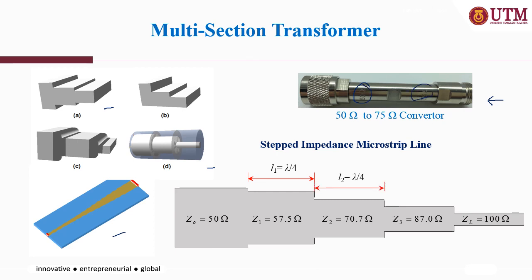It depends on the targeted output or application that needs this type of conversion or matching. Another one is the step impedance in microstrip lines. If you have multi-band signals, or if you want to achieve broader bandwidth for a transmission system, this kind of matching technique can be implemented.